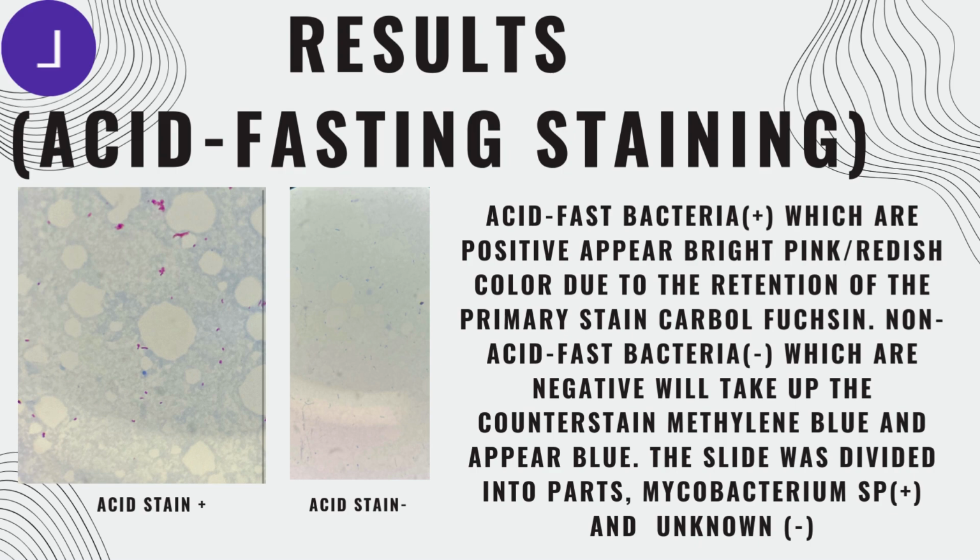And on the other side, we have the non-acid-fast bacteria, which is the unknown one. You can see how most of the color didn't stain to it. It's kind of faint, but that shows us that the bacteria didn't have the waxy cell wall, and that's why it looks more faint. But if you zoom in, you're able to actually see the shape of the bacteria.